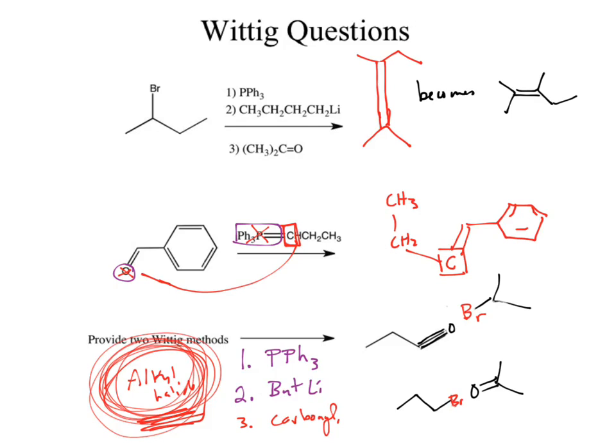So I'll take my alkyl halide, react with the triphenylphosphine to have the phosphorus do the substitution. I'll react the butyllithium to make the ylide. I now have the active nucleophile that can attack my carbonyl, and I'd end up with the final product, which we can now no longer see because I drew over the top of it. Does everybody see that? Why did I ask that question?